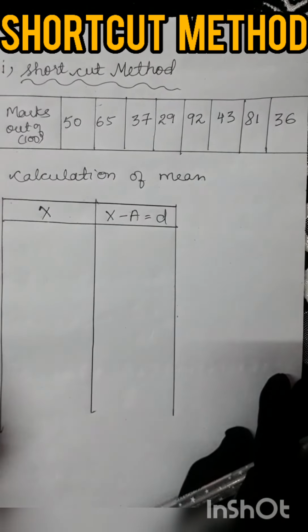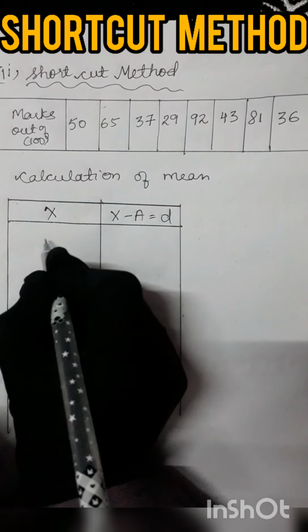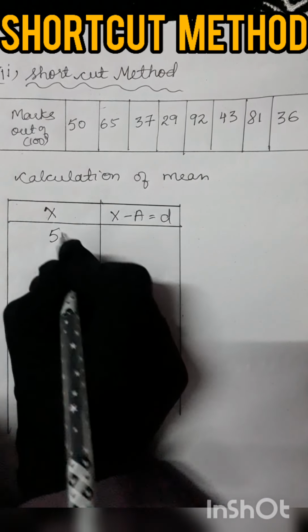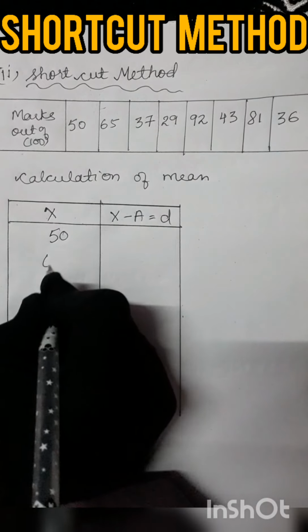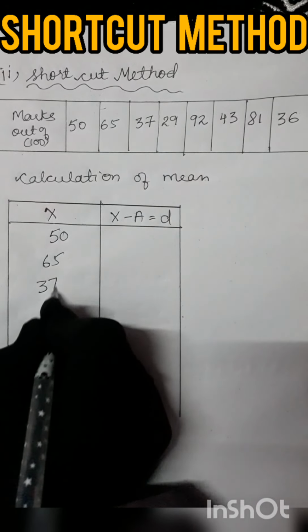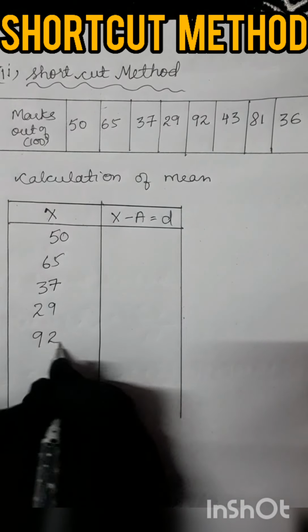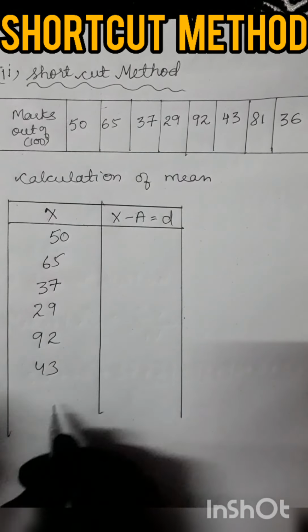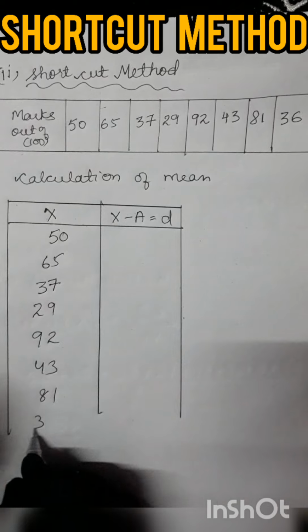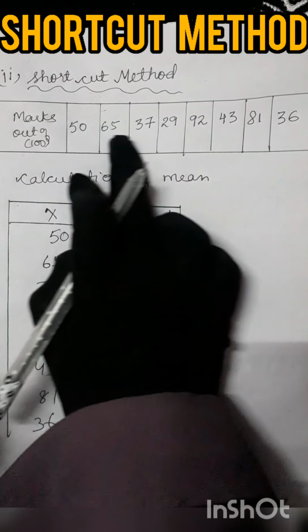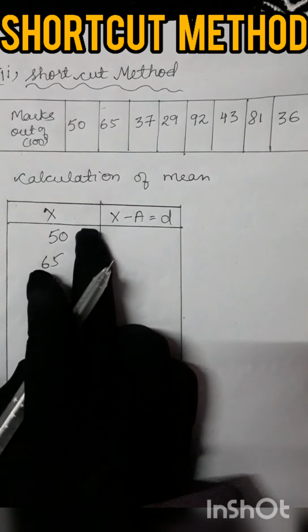For calculating d, first we have to write x. So x values are 50, 65, 37, 29, 92, 43, 81, 36. X values are given in the question. We wrote that only.